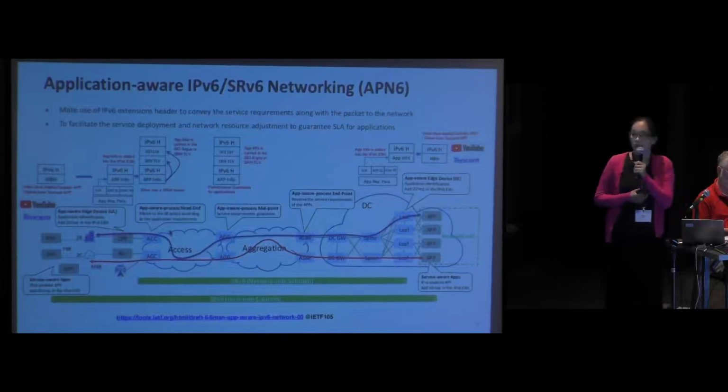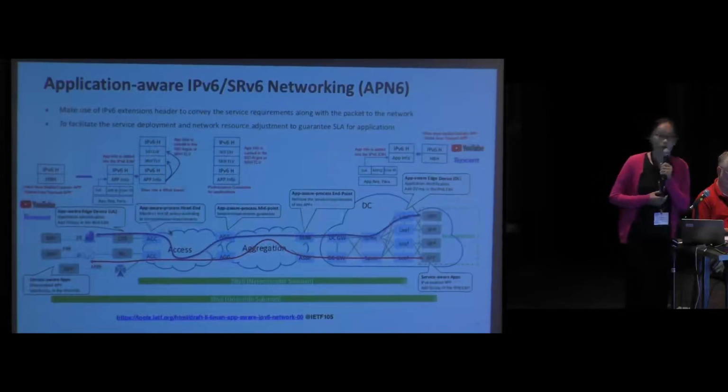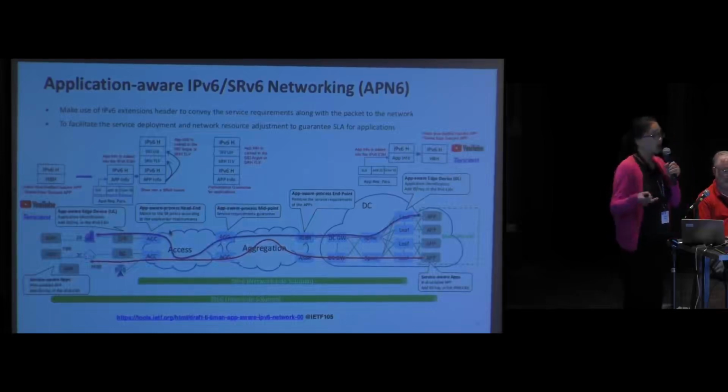And for the solution side, we could have the host side solution. That is, the application directly puts the information into the IPv6 headers, or it could be the network side solutions. That is, the network edge could detect the application and provide the information about the application and convey it into the network.